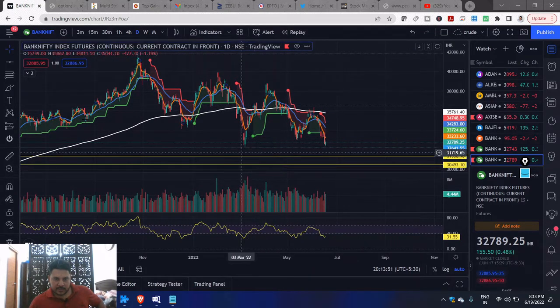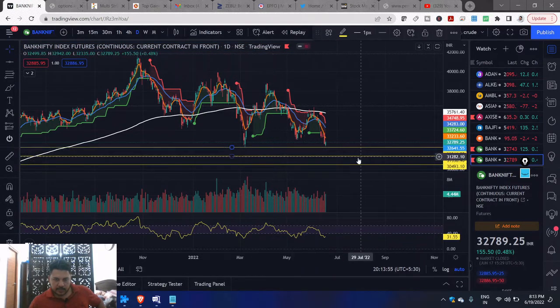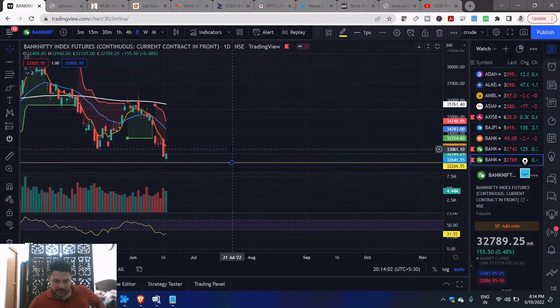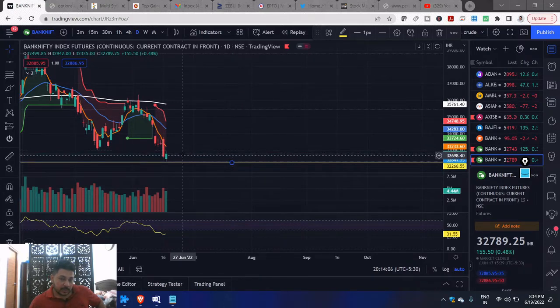The market can break this level, and if the price again comes back to this level and takes the high of this candle, then you can assume that the bottom is this. If any daily candle closes above this high, then you think of going long.